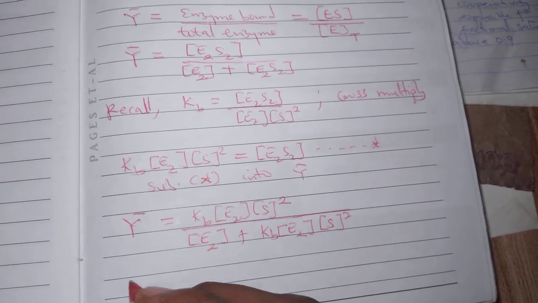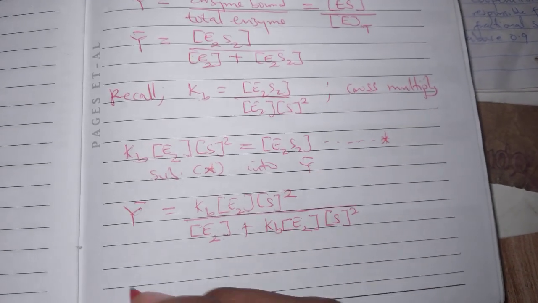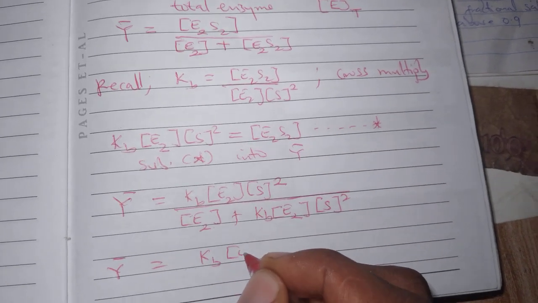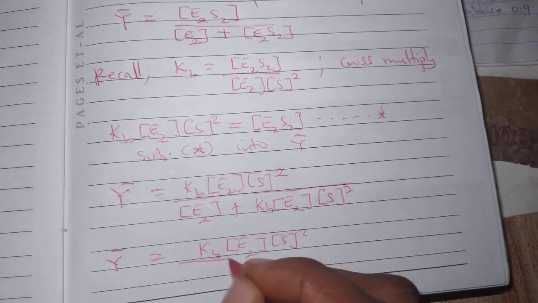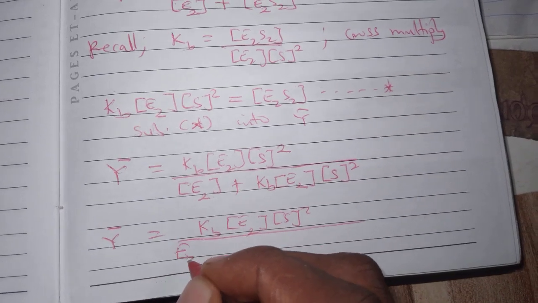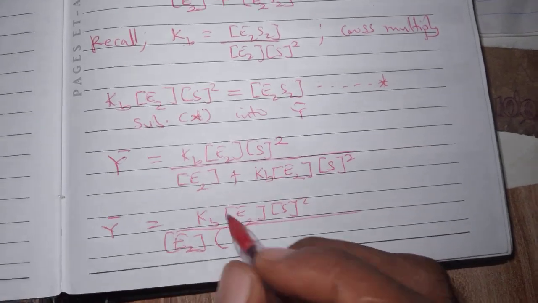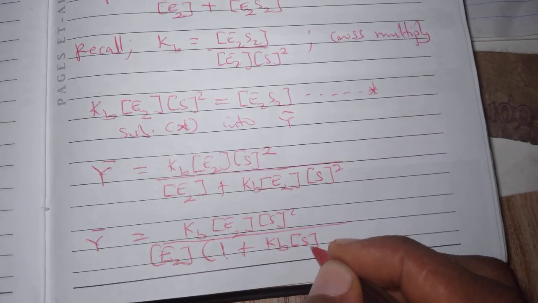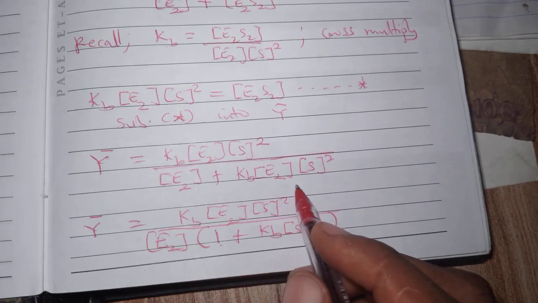Good. Now I can factorize out E2. So Y bar is equal to KB E2 S squared all over, if I bring out E2, I will have 1 here, because E2 times 1 will give me this, plus KB S squared, because this times this will give me everything here.